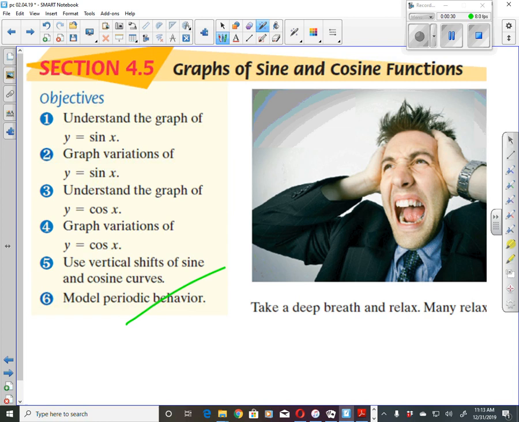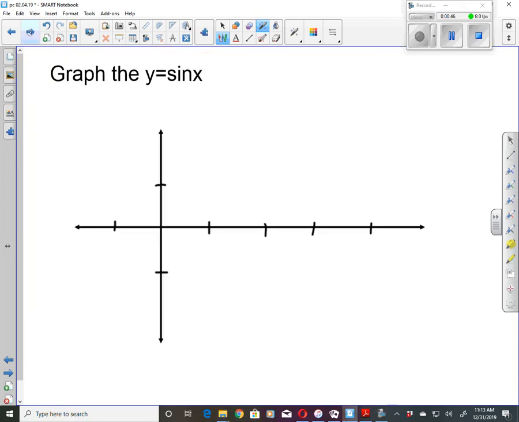And we're going to pay attention to the fact that there's a periodic behavior to these graphs. They're pretty much the same function over and over again. There's a lot of repetition here that we're going to see.